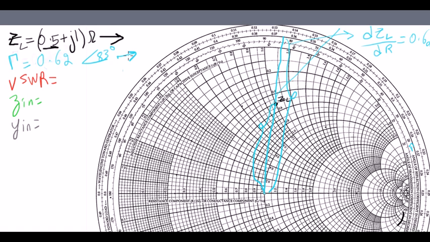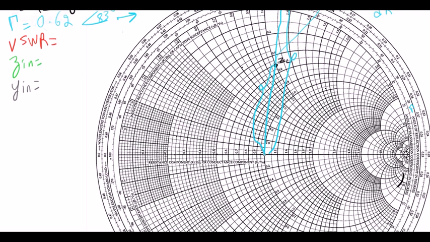Now as we go back, we need to get our voltage standing wave ratio. This is easy to obtain from the Smith chart.